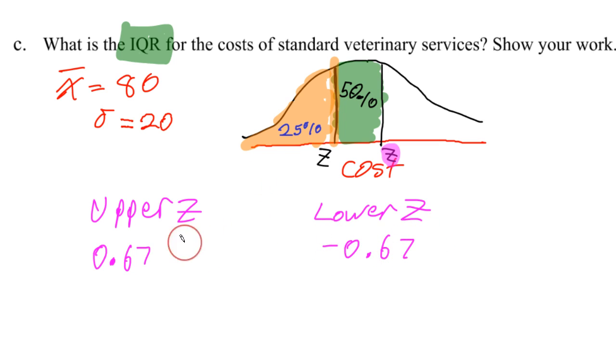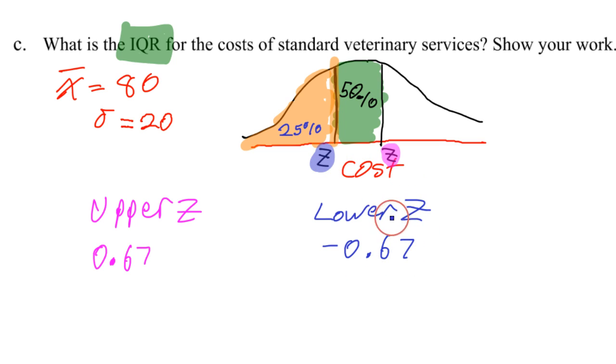Notice that there's some symmetry here. If you know this number, you automatically know this number because that 50% spreads out evenly. Just marking this down, I'm going to color code these a little differently. I'll put this in blue, and I'll grab my highlighter and say this z-score is the blue number.